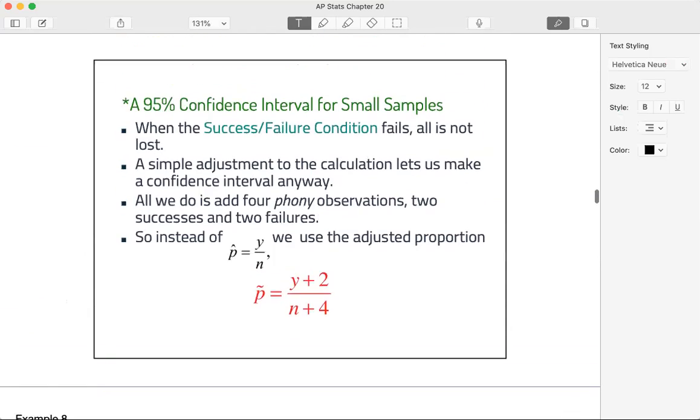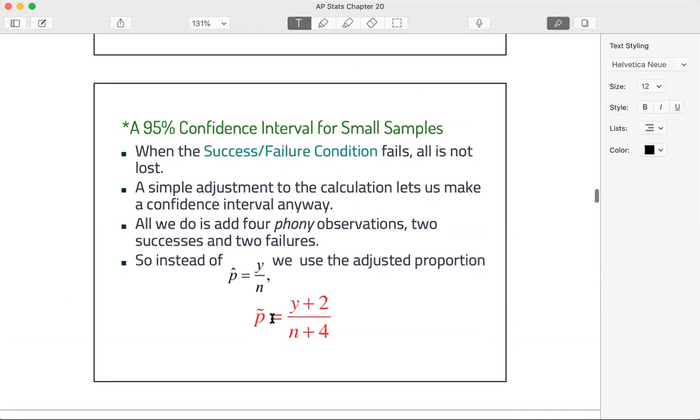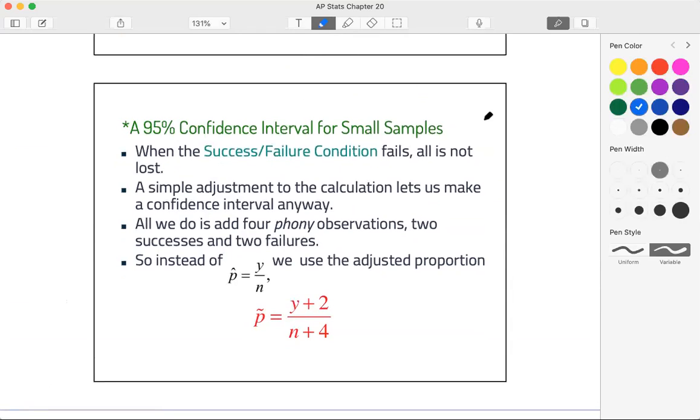Something neat, and this is actually not a topic on the AP exam, that's why there's a star here, is you have a 95% confidence interval for small samples. Sometimes, when either np or nq are not greater than or equal to 10, you can do a quick little trick.